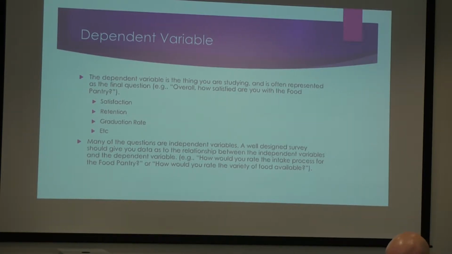One other brief survey design thing that is not anywhere in my slides, but I just thought about it because I said typically the last question is the dependent variable. One caveat to that is that most people who research surveys say that if you're going to collect demographic data, make the demographic set the last part of the survey.